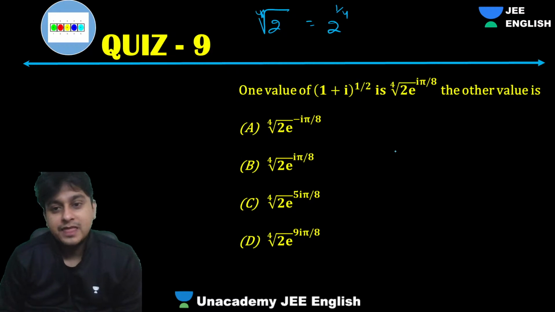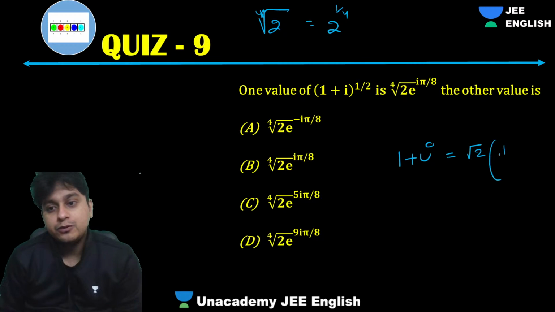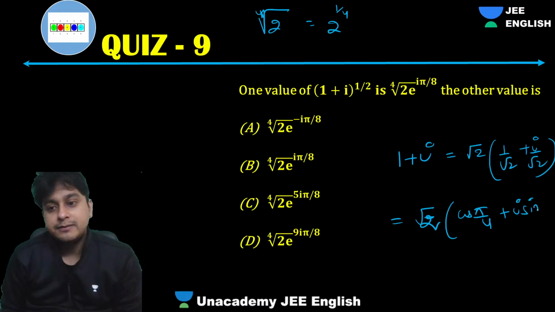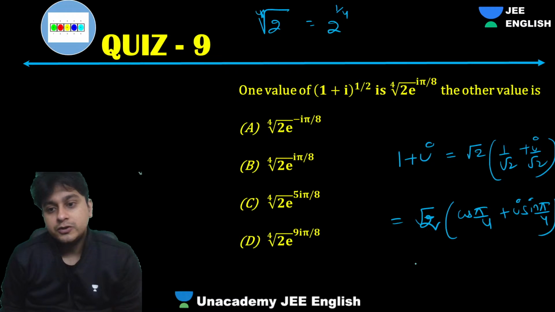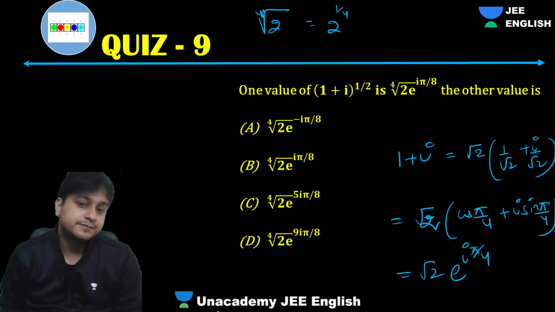See, guys, whenever we have 1 plus iota, can I multiply and divide by root 2? This is the hint I am giving. You can write it as root 2 times cos pi by 4 plus i sin pi by 4, which is nothing but root 2 times e power i pi by 4.